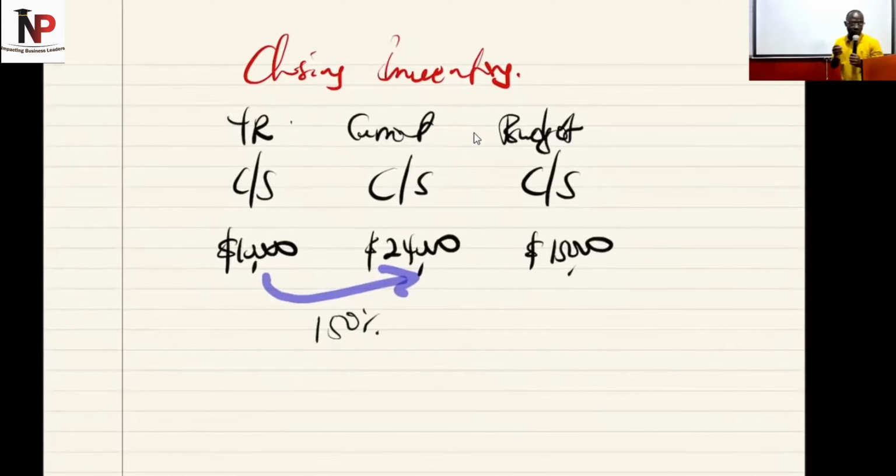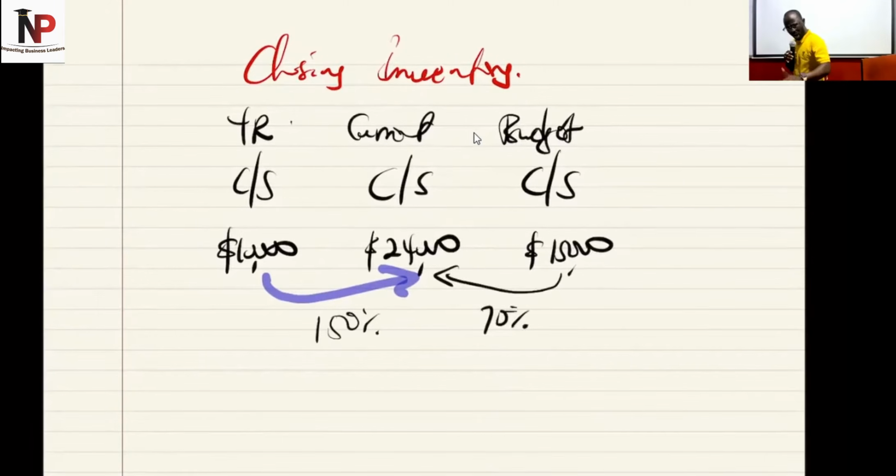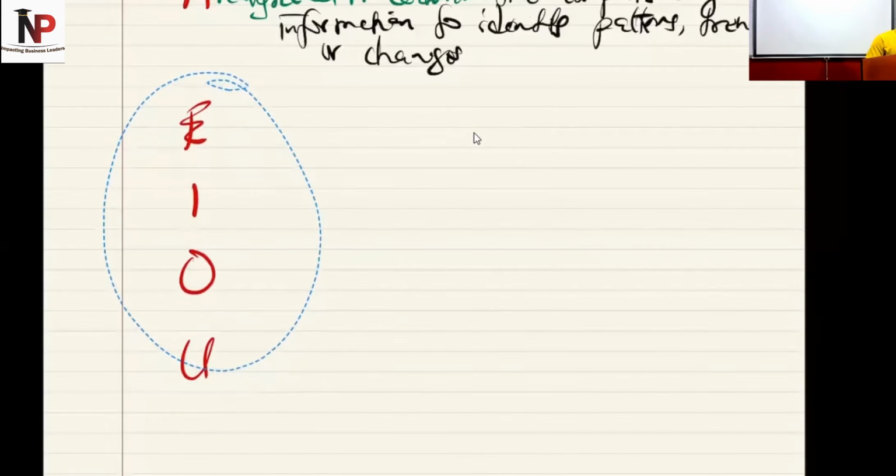And then from the budget, why has it gone up a little over maybe 70%? It will be less than that. Why? That leads us to the second procedure called inquiry. So E is for inquiry.